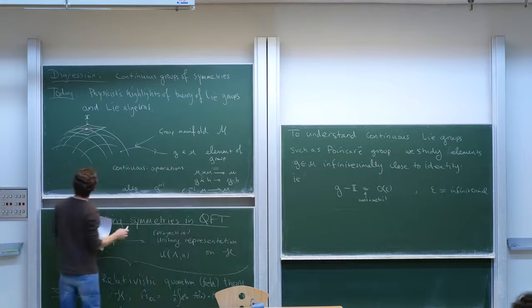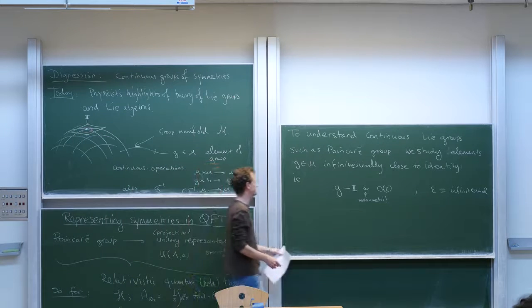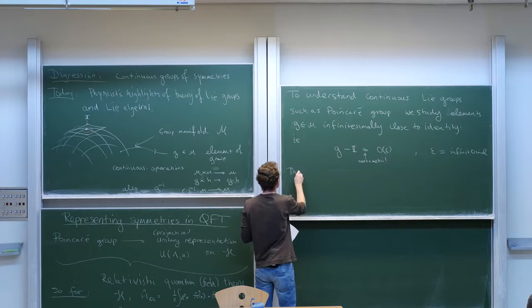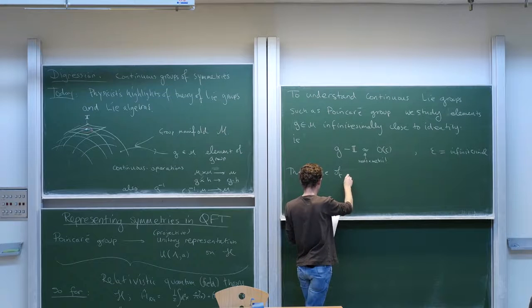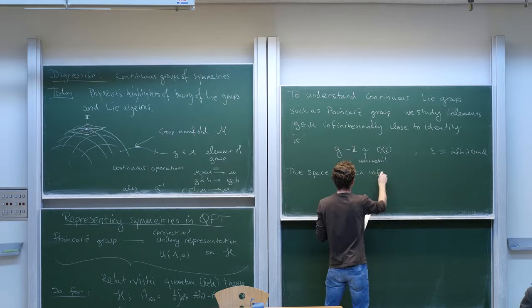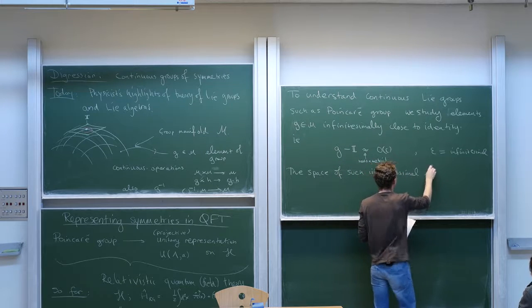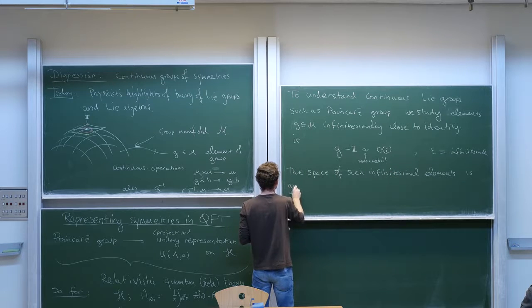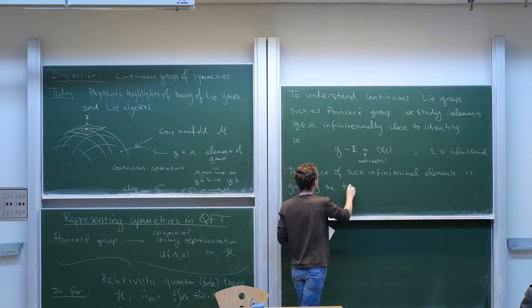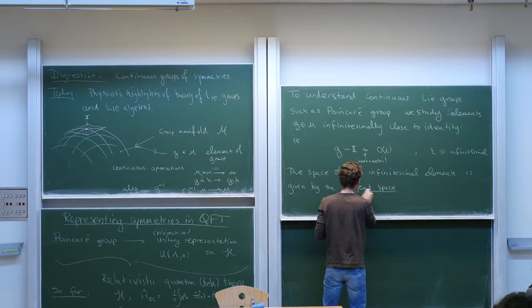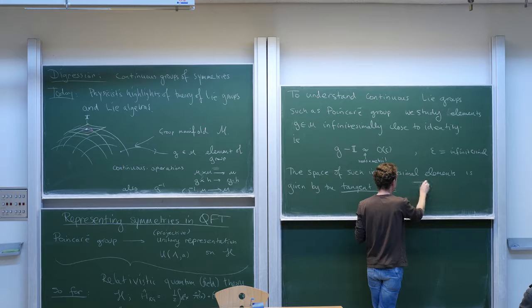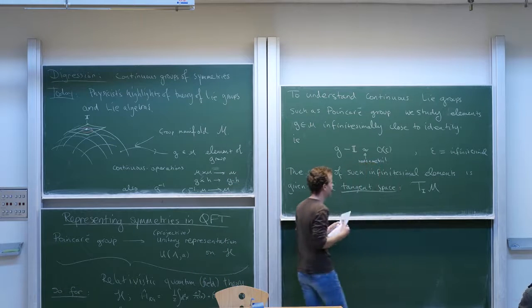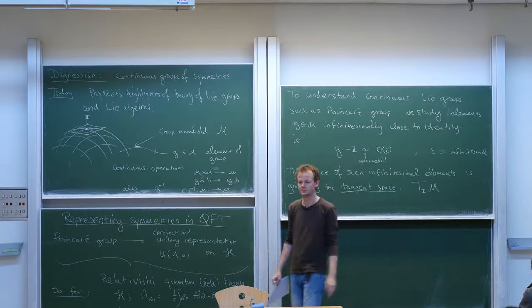And to do that, we're going to approximate this region by this tangent plane, or tangent space, denoted T_I M. This is the space of tangent vectors to the identity of the manifold M, or the group M. That's what we're going to study.